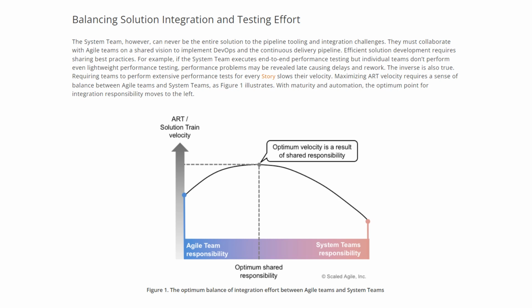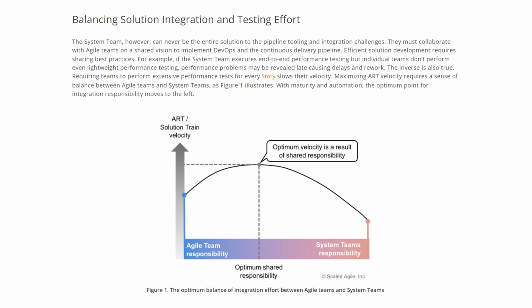That will also cause delay and rework. Asking teams to perform extensive performance tests every day, on every story, slows their velocity. So maximizing ART velocity requires a sense of balance between the agile teams and the system teams, right?